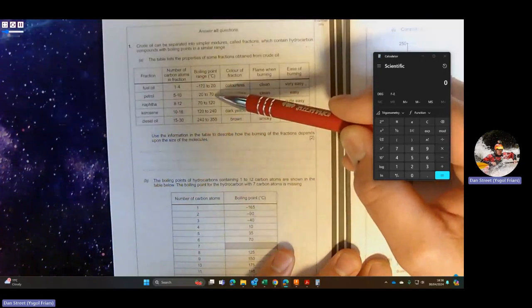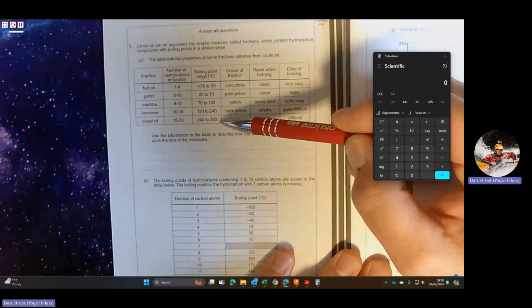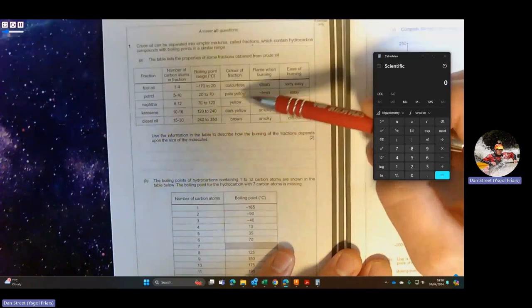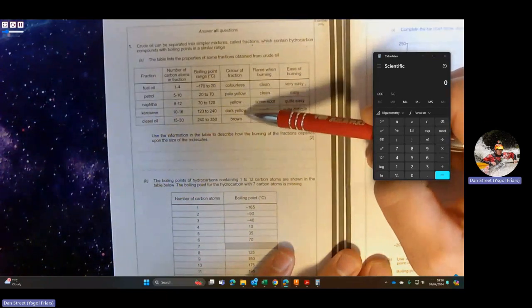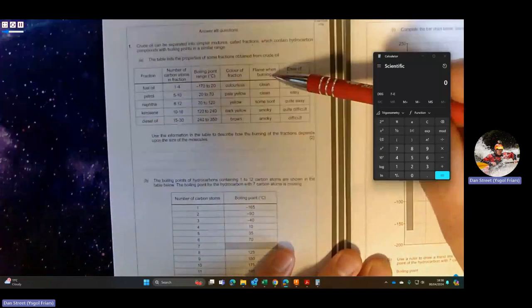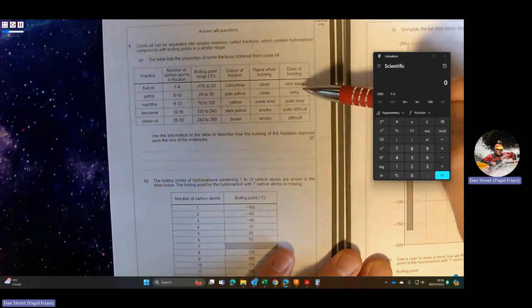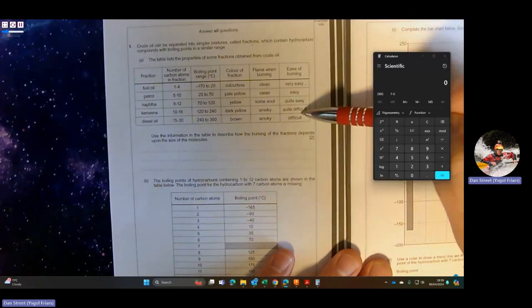Their boiling point increases, so as the molecules get bigger, they need more energy to turn them from liquid to gas, and they get increasingly dark. They go from colourless all the way through to brown. The flame, when burning, becomes more and more sooty or smoky, and it gets more and more difficult to light them as the molecules get bigger.